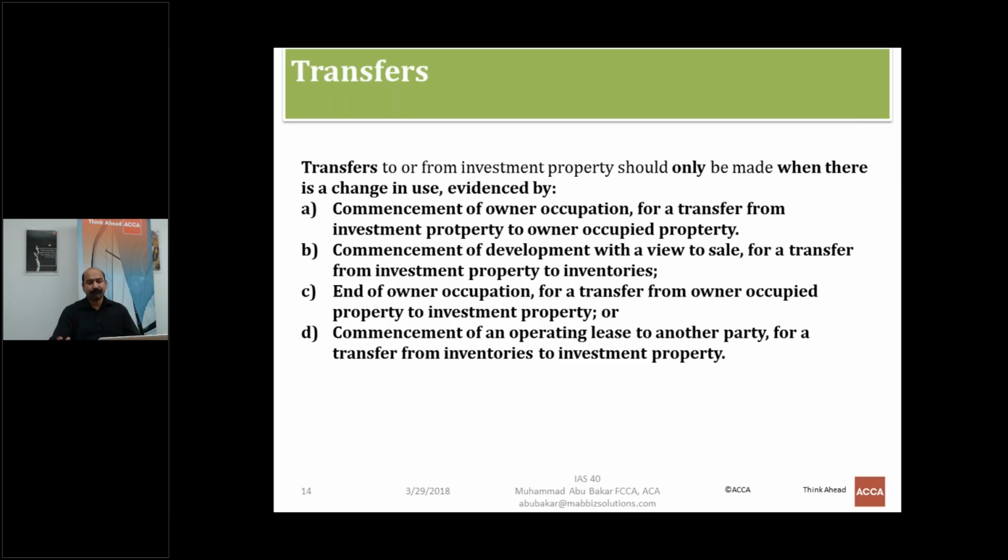That will become the investment property. So here, if owner occupation is no longer there, then this will become your investment property. Commencement of an operating lease to another party for a transfer from inventories to investment property. So this is the case in case of transfer.